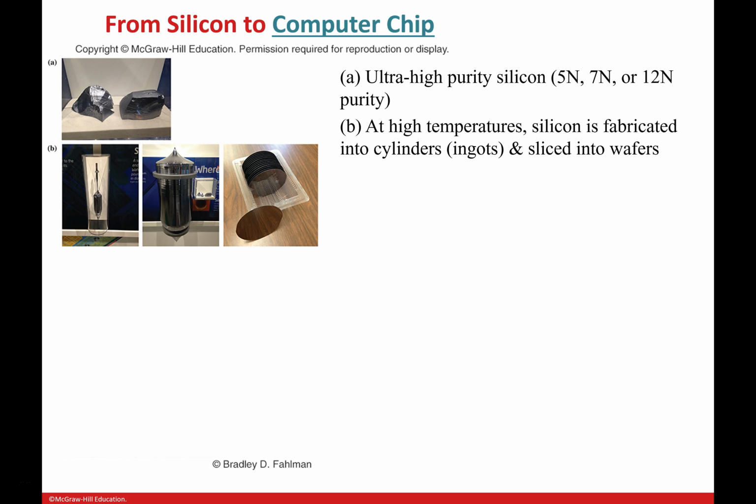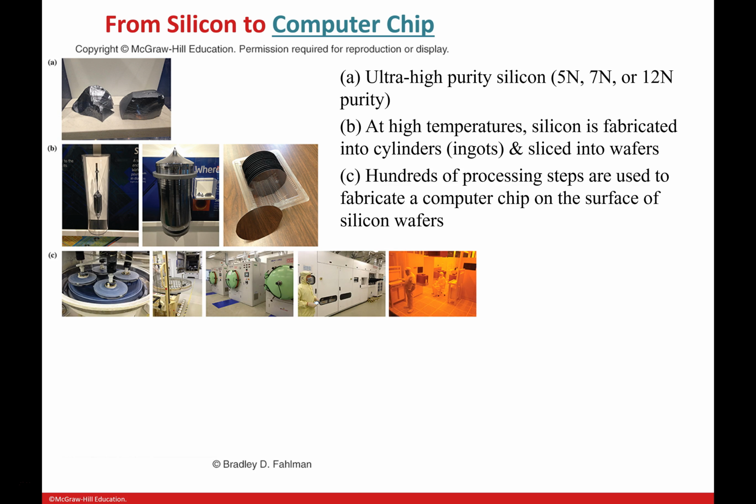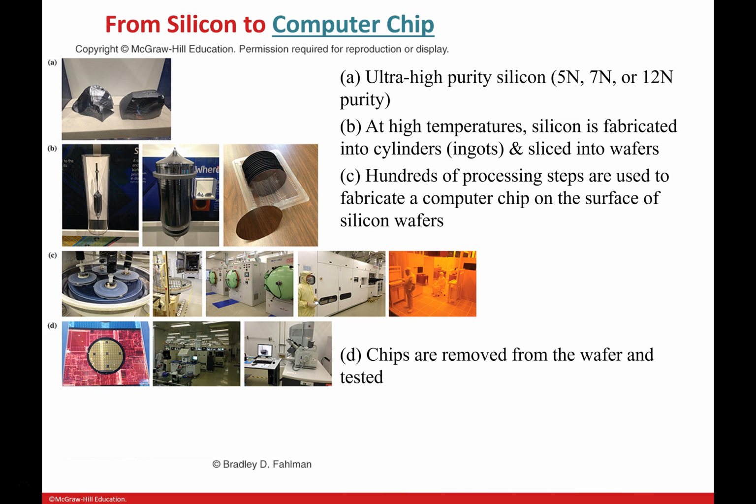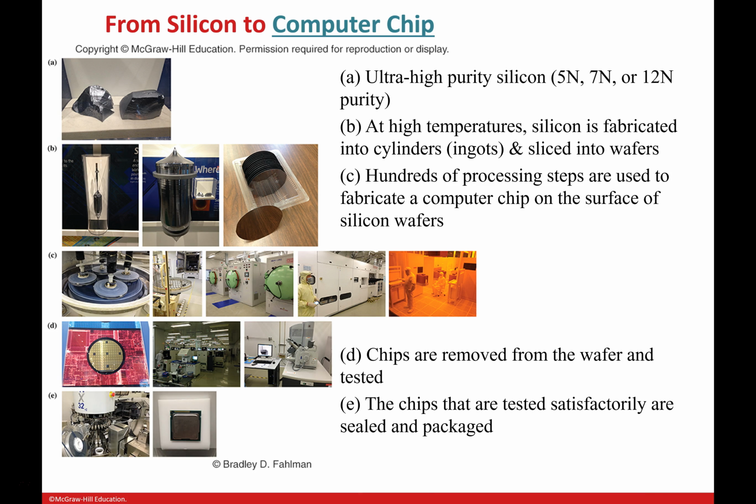So this is kind of talking you through the whole process of making a wafer. And then you saw them imprint the wafer, and then they took a little tiny chip out of the wafer. They skip a lot of steps because it says hundreds of processing steps. They did skip a lot of steps, I agree.